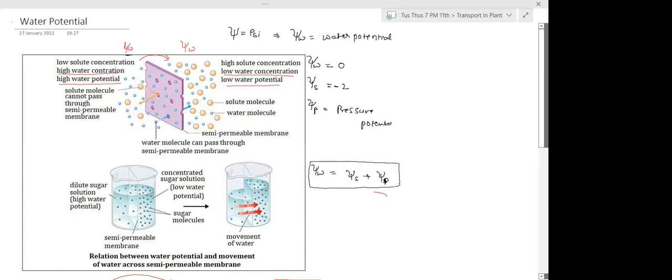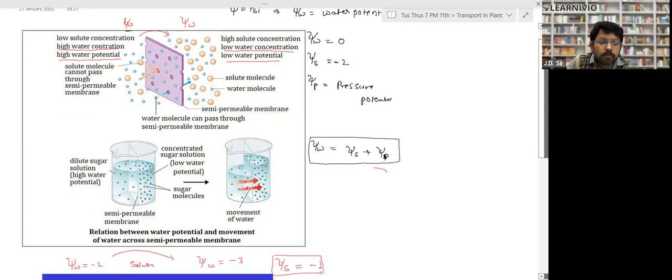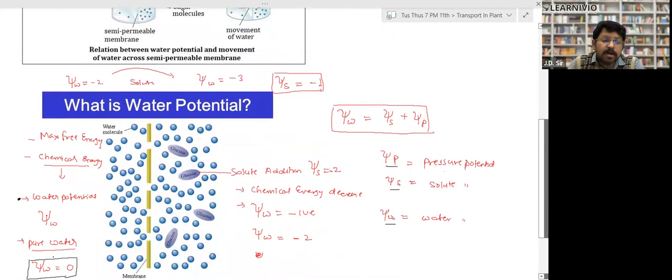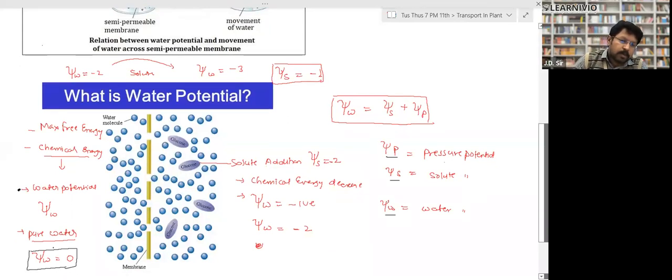So movement of water molecules always takes place from higher water potential to lower water potential. For example, here water potential is -2 on this side, and on this side water potential is -3.